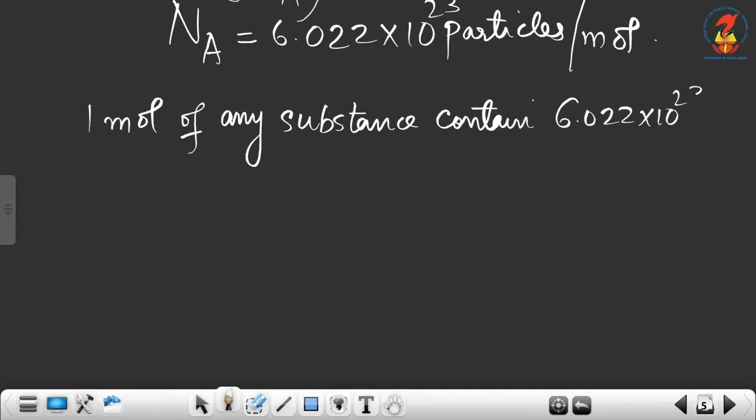When I say particles, if the substance is atom, we have atoms. If it is molecule, then we have Avogadro number of molecules, like that.